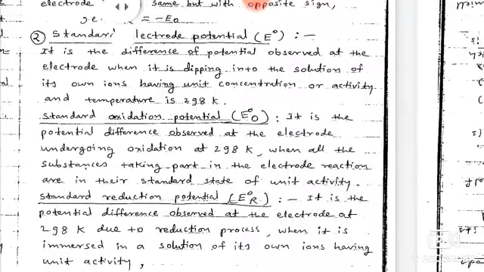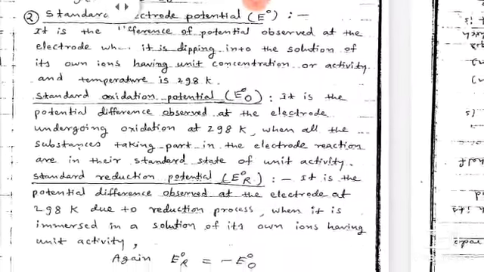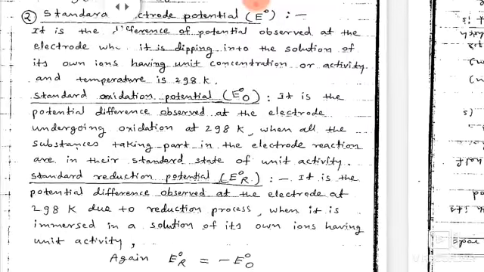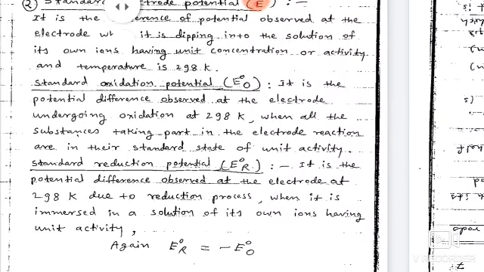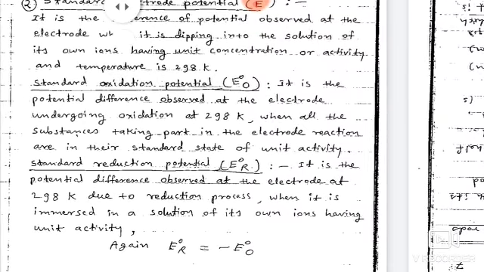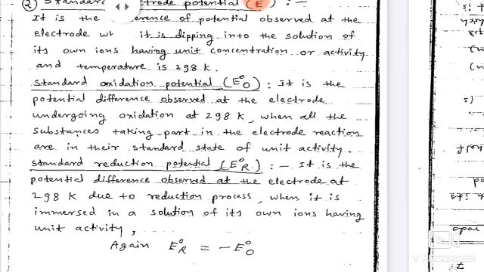Then similarly the standard oxidation potential is the potential difference observed at the electrode undergoing oxidation at 298 degree Kelvin when all the substances taking part in the electrode reaction are in their standard state of unit activity. So what is the standard oxidation potential?